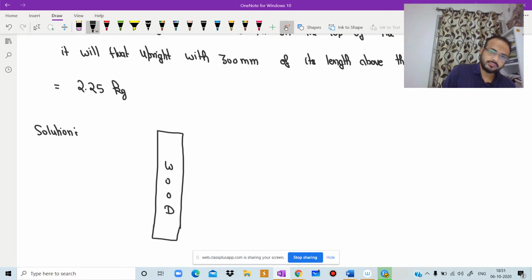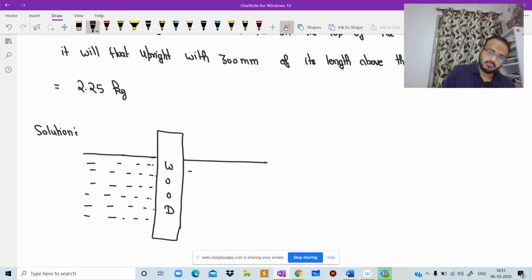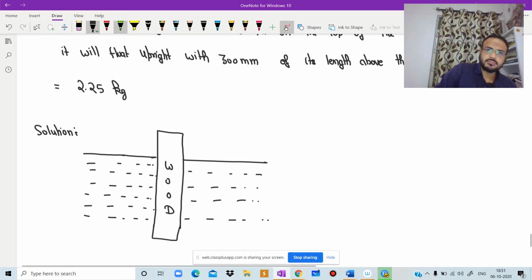This piece of wood. Assume we have a piece of lead, and this one is 300 millimeter.